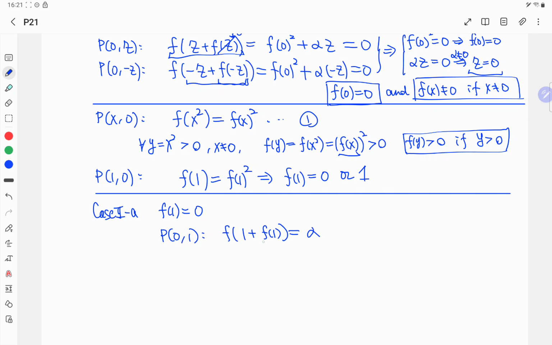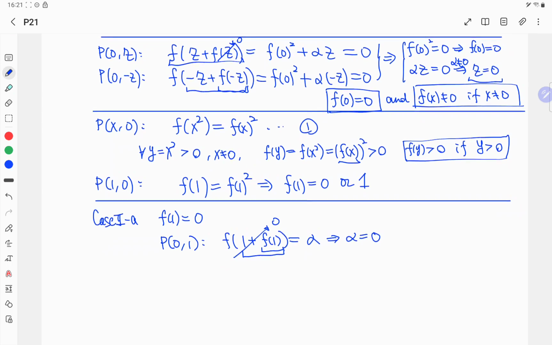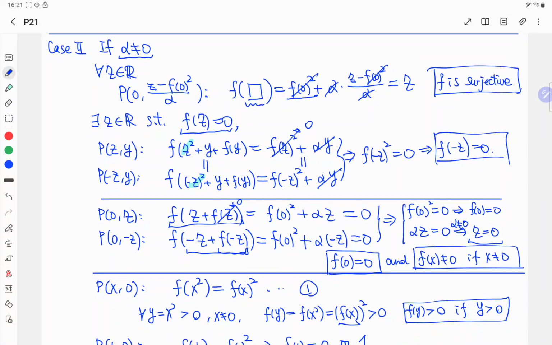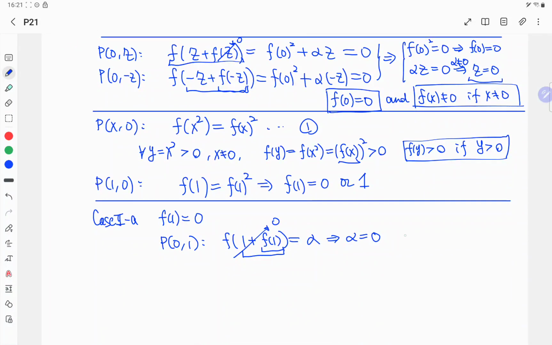Okay, so here we have f(1) to be 0, and then 1 plus 0 will be 1, f(1) is also 0. Which means that alpha equals 0, but it contradicts with our assumption here, alpha not to be 0. So this is a contradiction.